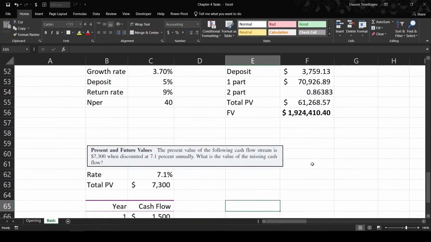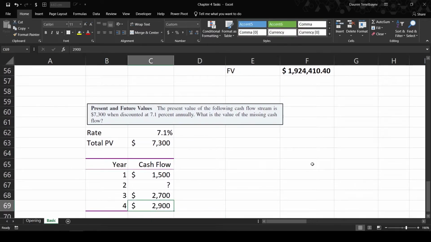Moving to the second question, we have our table here. In this table, we have number of years and cash flow for each year. And for the second year, we are missing the cash flow. So we have to calculate it. As given in the text, the total PV for all cash flows is 7,300.